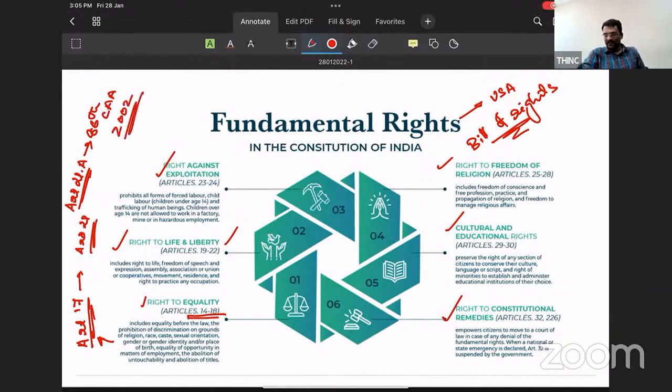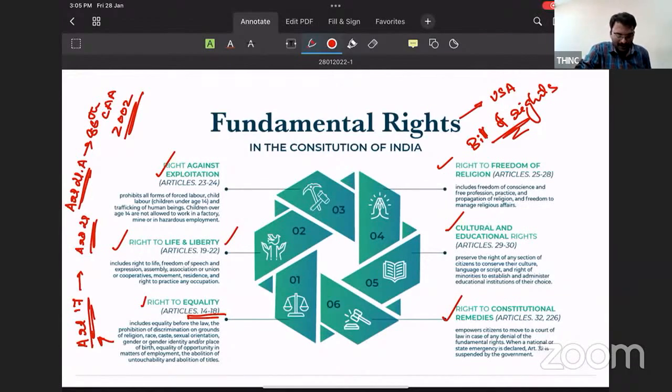At that time Article 21A was added, and there were also changes in the fundamental duties and in the directive principles due to the 86th Constitutional Amendment Act, and everything is related to free and compulsory education between 6 to 14.